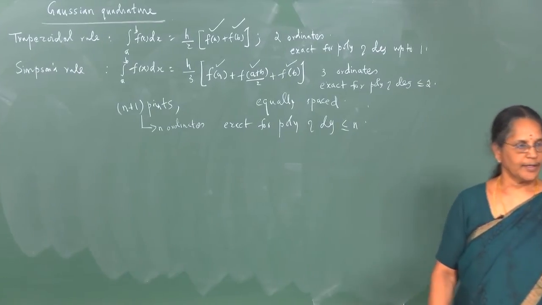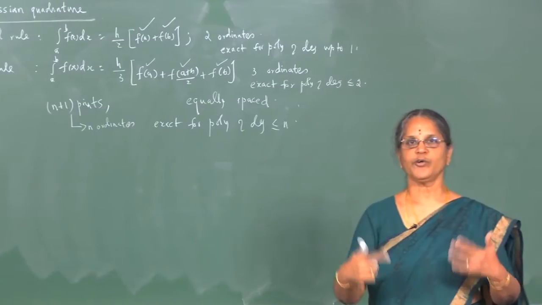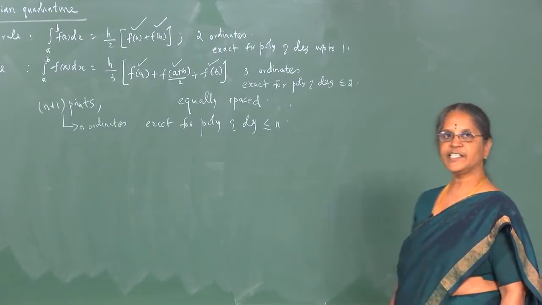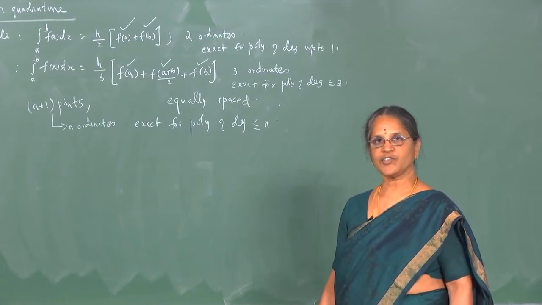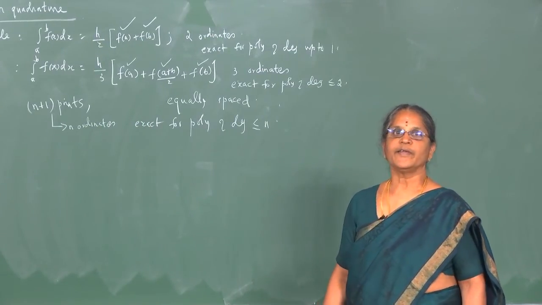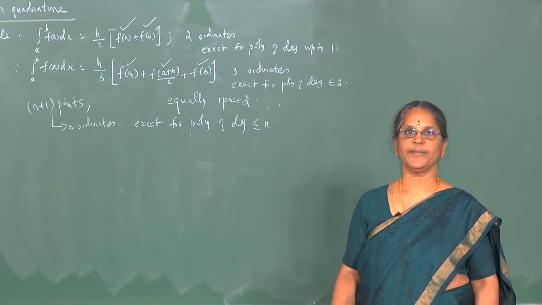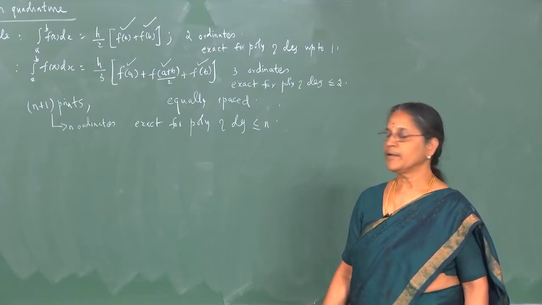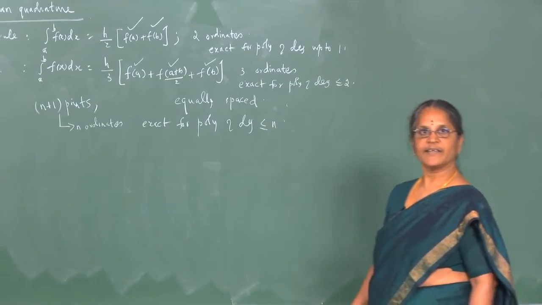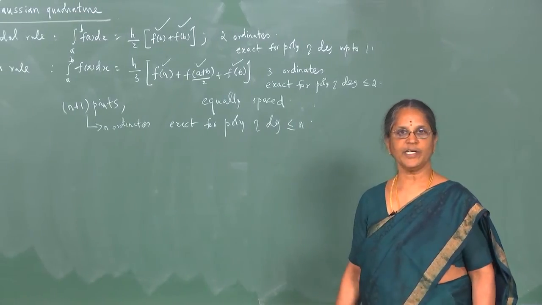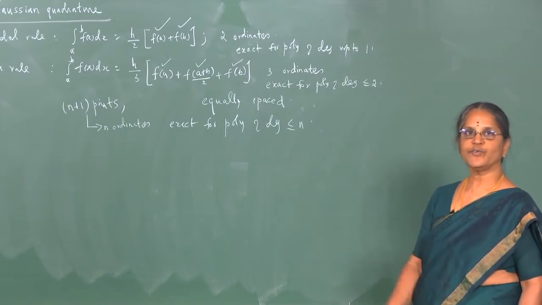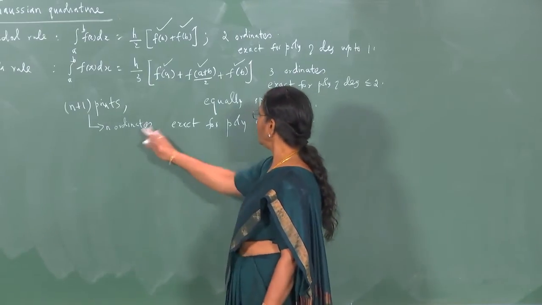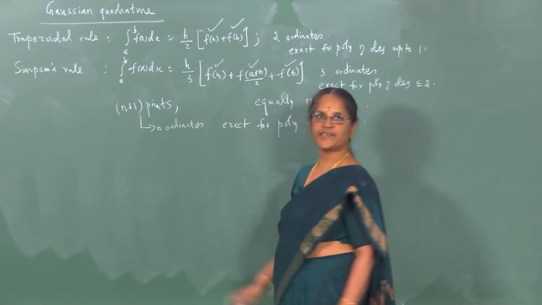So, one wanted to see, can one derive an integration method such that the method is exact for polynomials of degree greater than n. Gauss said that yes, it is possible if one is ready to sacrifice the requirement that the nodes must be equally spaced.